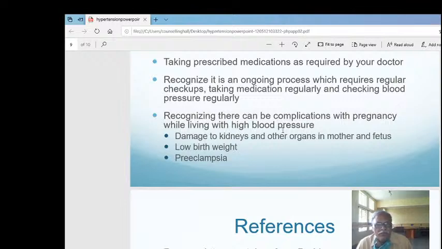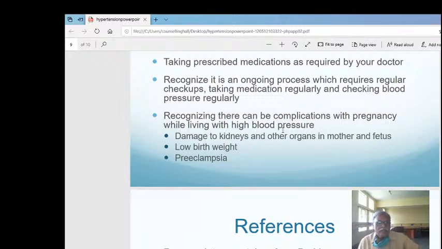Sometimes there may be various errors in examining the blood pressure by a technician or by a nurse, or best is it should be done by a trained doctor. That is more ideal than just subjecting the patient to get checked by a paramedical staff. So this is very, very important.